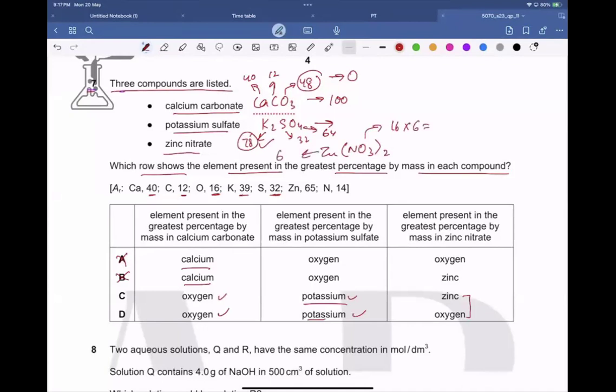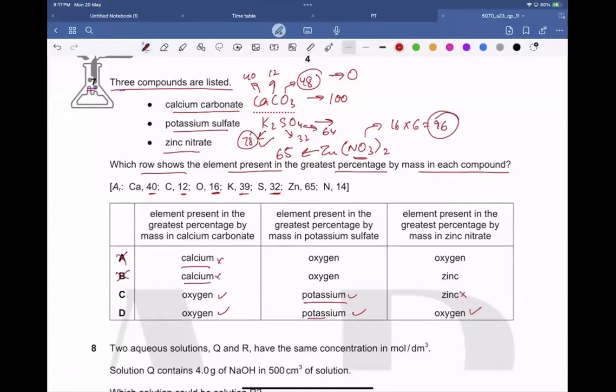And the mass of Zn is 65. 96. So oxygen is in the greatest percentage. This makes zinc wrong and oxygen correct. So C is the wrong answer and D is the correct one. Is this clear?